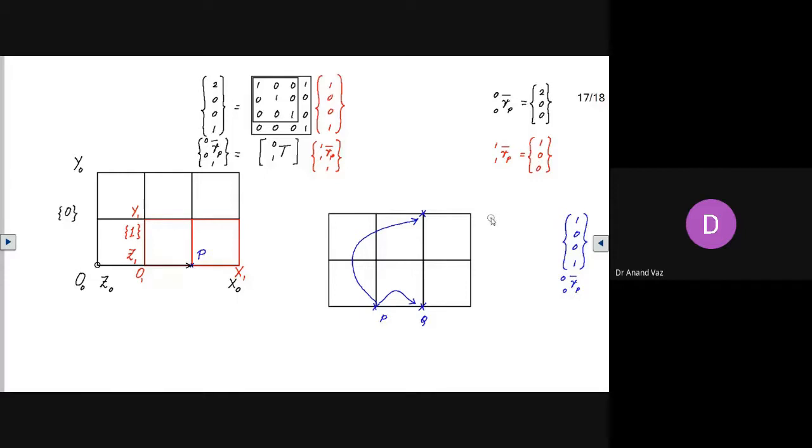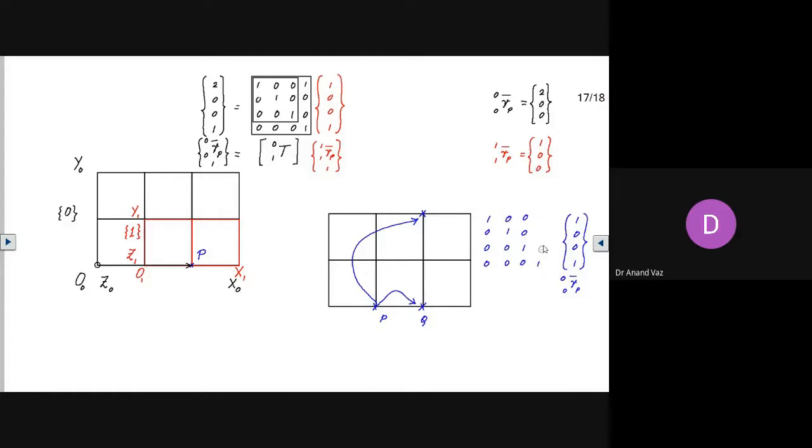This will be unchanged, so 1, 0, 0, 0, and here this will be 0, 1, 0, 0, then 0, 0, 1, 0.